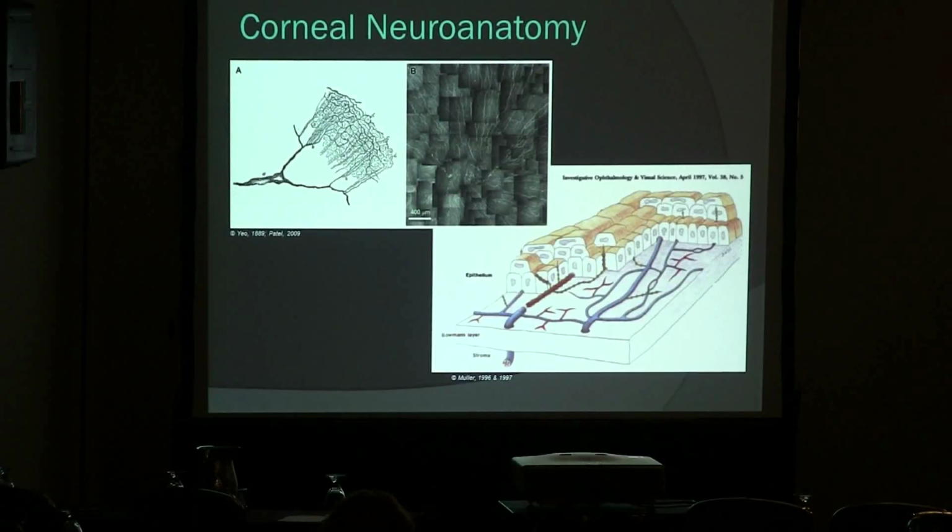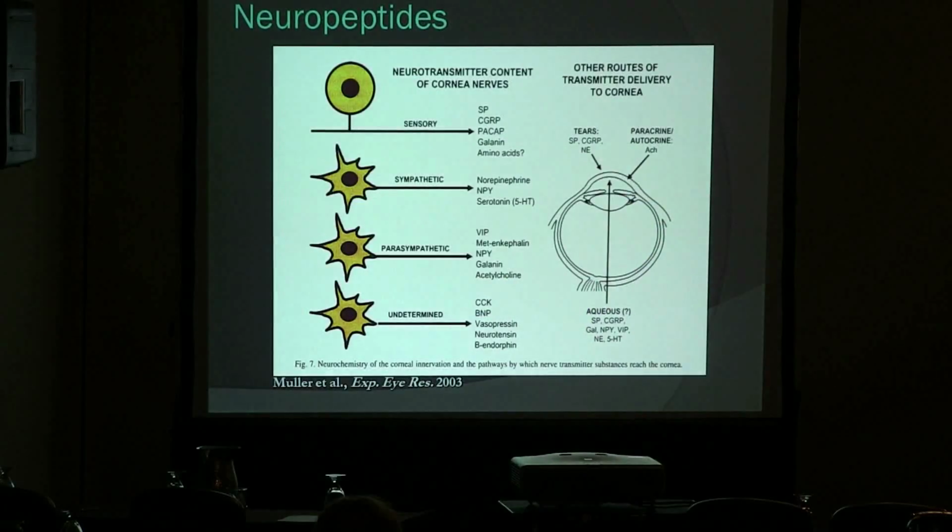These nerves comprise the subbasal plexus that overlie Bowman's membrane, and then you can see that they send up these perpendicular beaded projections that traverse through the epithelial layers, reaching the corneal surface. These branches can be either sensory, sympathetic, or parasympathetic, and they have a variety of functions, including corneal sensory perception, as well as delivery of neuropeptides such as substance P and VIP.